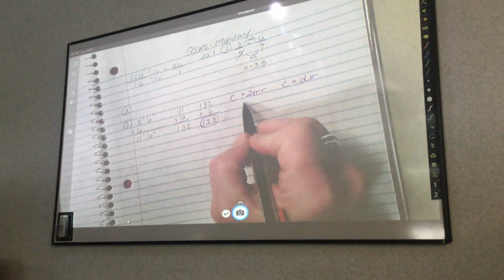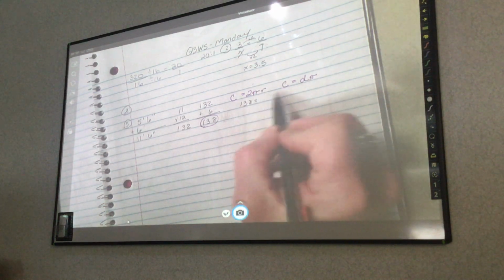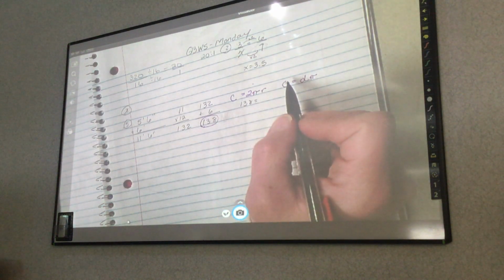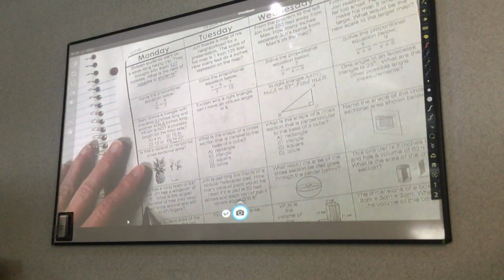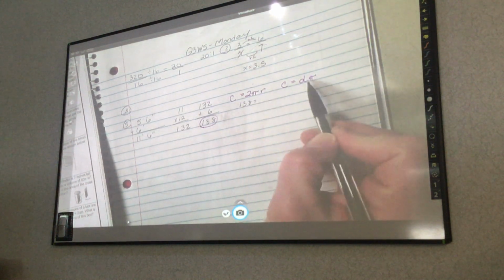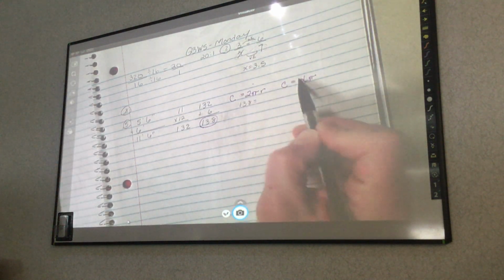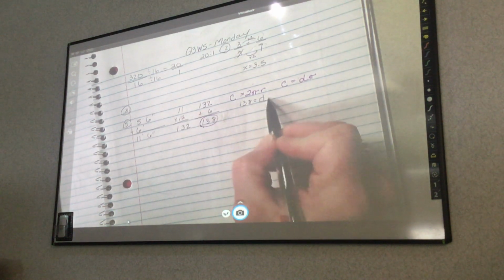So it'd be 138 equals, if I'm trying to find the diameter, right? It says which diameter of the tree. Do I want to use the first formula or the second? Second. So 138 equals diameter times pi.